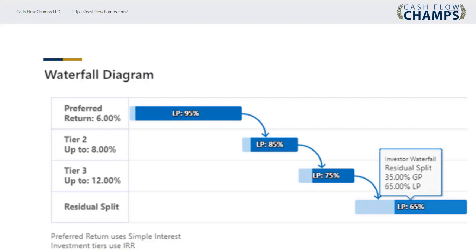A real estate waterfall is used to describe how different investors are repaid their investment through the available cash flow you have for distribution. A waterfall is the very best way to model out the terms of your partnership in a spreadsheet.